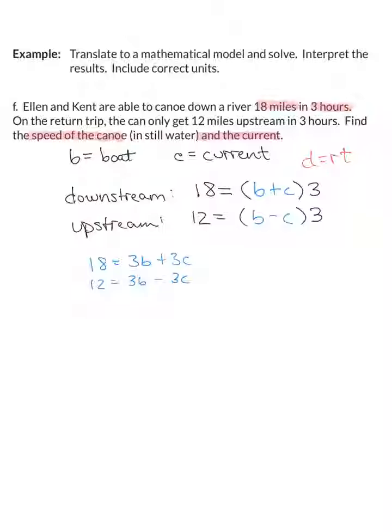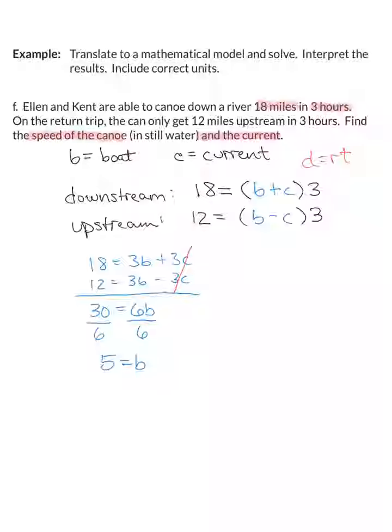We can solve from here, and note that this is an elimination problem because we already have that our c's are going to eliminate. So if we add straight down, we get 30 equals 6b. As I said, my c's cancel, and from here we can divide by 6. So we get 5 equals b.